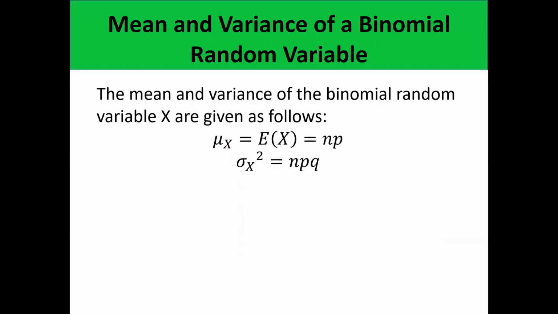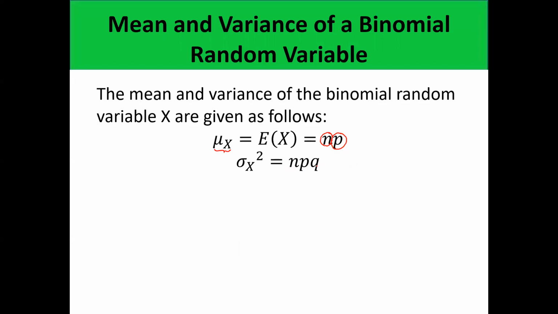So the mean of the binomial random variable x is defined as the number of trials n multiplied by the probability of success, while the variance of the binomial random variable x is defined as the number of trials times the probability of success times the probability of failure.